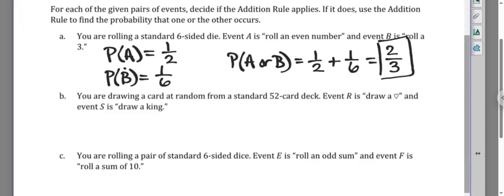So if you're drawing a card at random from a standard deck, event R is draw a heart, event S is draw a king. So with a full deck of cards, is it possible to get a king that is a heart? Yes. So we cannot use the addition rule.